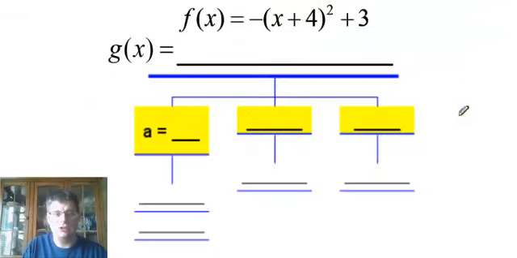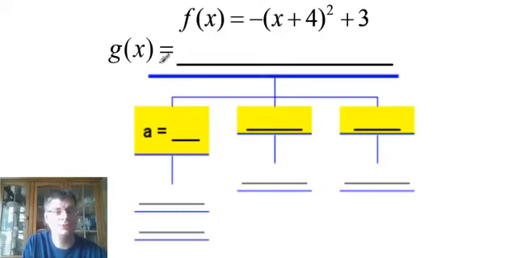Now let's take a look at the function f of x. f of x is equal to negative x plus 4 quantity squared plus 3. And we want to write function g of x in terms of f of x, kind of like when we write y in terms of x.